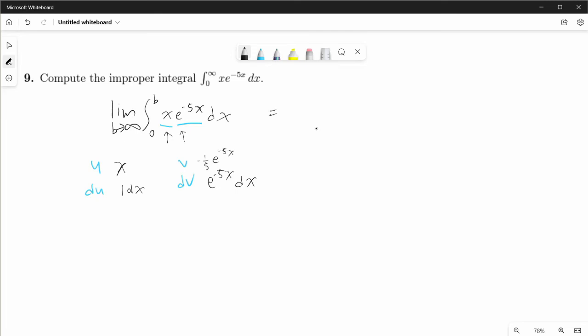So now I can write this as uv minus the integral of v du. So we have x times negative 1/5 e to the negative 5x minus the integral of v, which is negative 1/5 e to the negative 5x, times du, which is 1 dx.